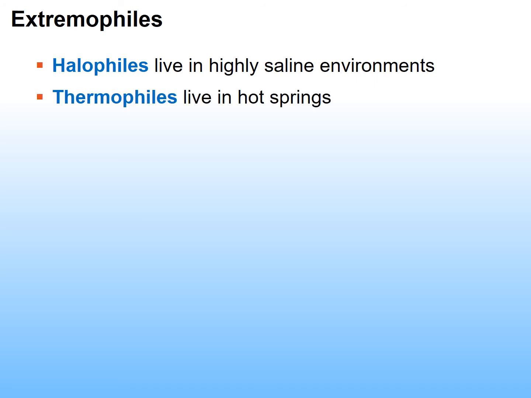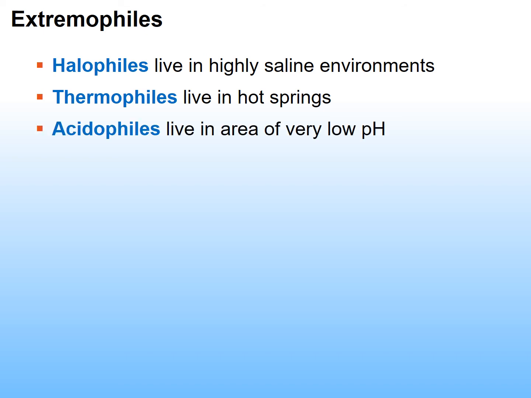However, most organisms would not. There are thermophiles, and an example of their habitat would be a hot spring. They live in very, very hot environments. Now, there are different degrees of thermophiles. There are hyperthermophiles, which can survive in conditions above 120 degrees Celsius.